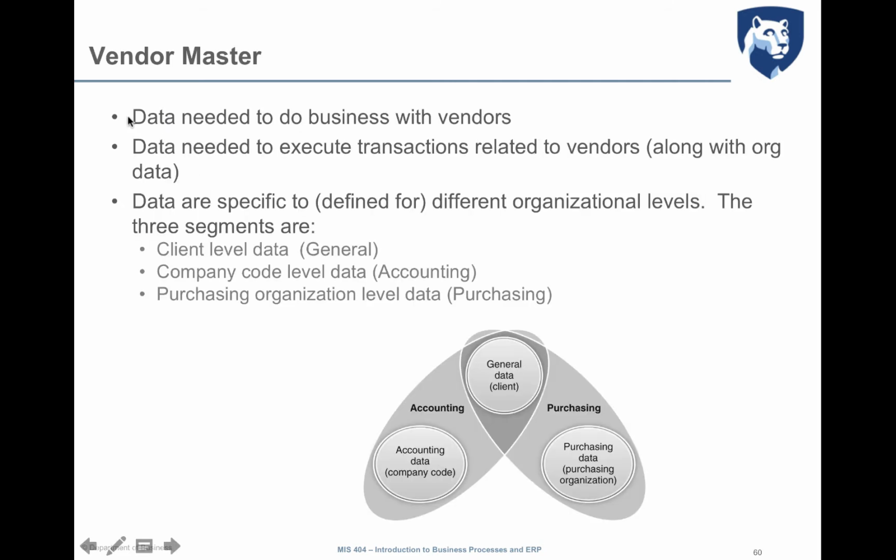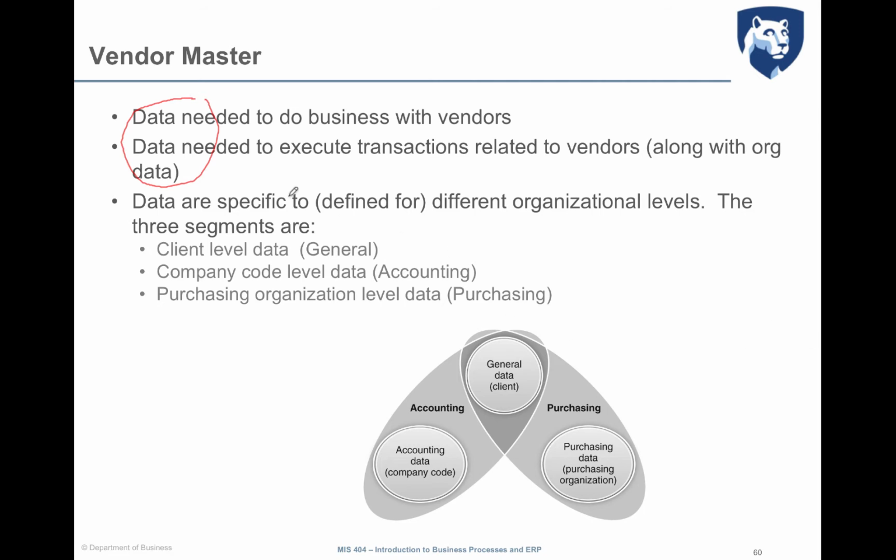Then we have the vendor master. The vendor master data include all the data needed to conduct business with a vendor and to execute transactions related to the purchasing process. So the vendor master data include all the data that you need in order to make the process run and do business with the supplier.